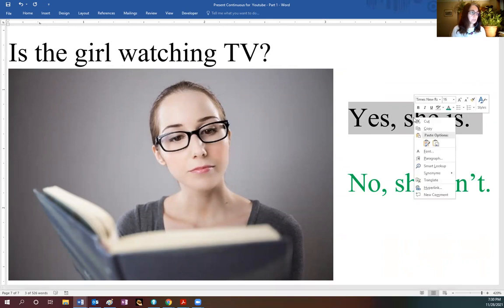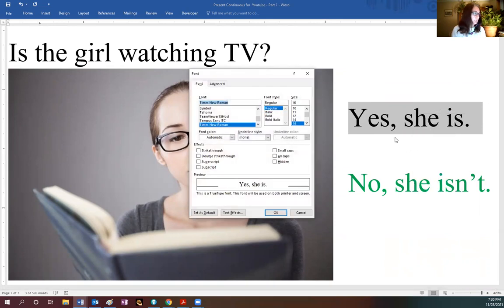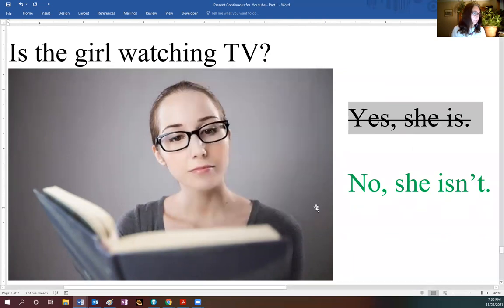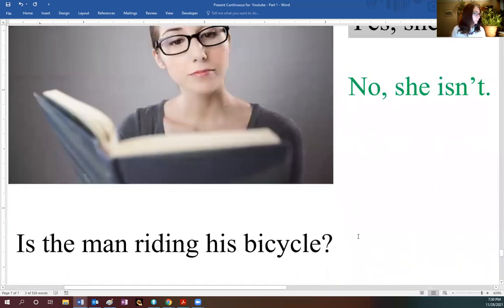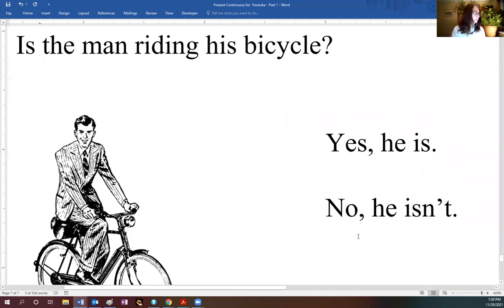No, she isn't. What is she doing? She is reading. Is the girl watching TV? No, she isn't. She is reading a book. Good.